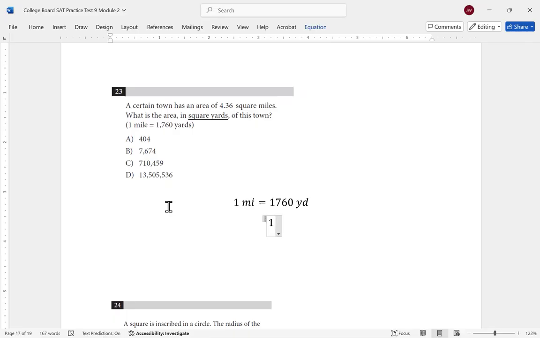square miles and square yards. If I square 1,760, I end up with 3,097,600 square yards.